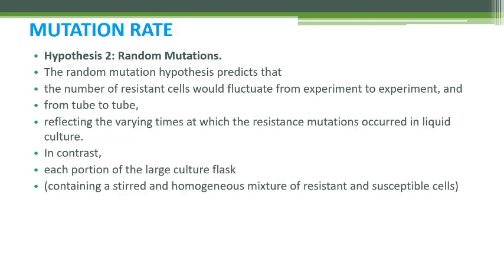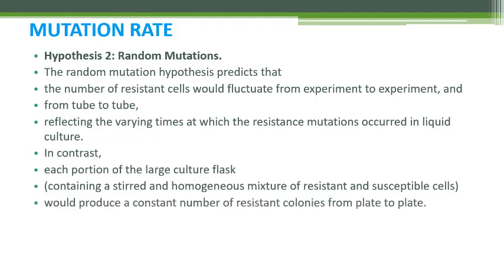In some of the petri plates the number was greater, and in others it was smaller. However, since the large flask contained a homogeneous mixture of both resistant and susceptible cells, they produced a relatively constant number of resistant colonies from plate to plate.